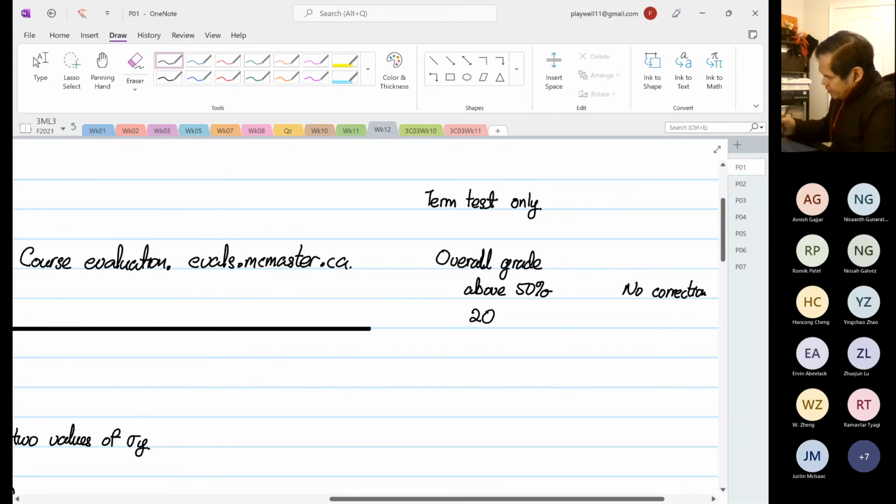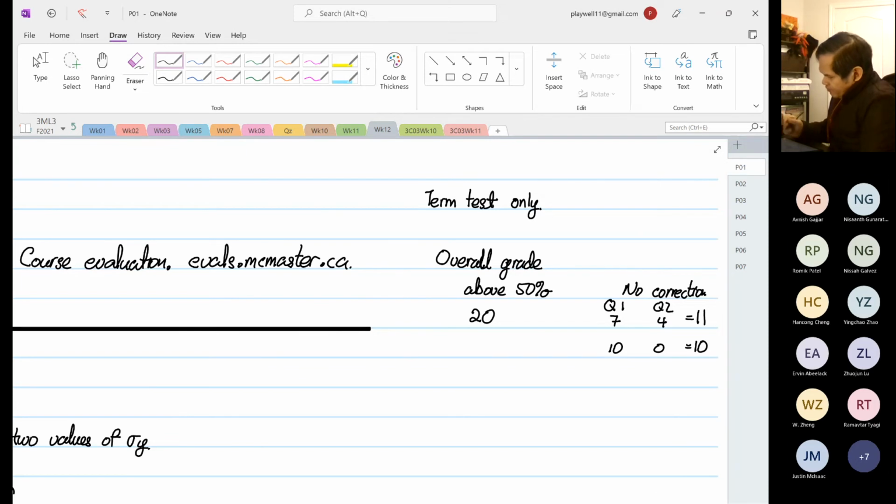You can get 20. So if we have question 1 and question 2, if in question 1 you get 7 and in question 2 you get 4, no doubt in question 2 you need one more mark to be 5 to really understand, but your overall grade is 11. There'll be no correction. I can give you another example. If in this one you get 10 and this one you get 0, your overall grade is 10. I will still not ask you for correction.